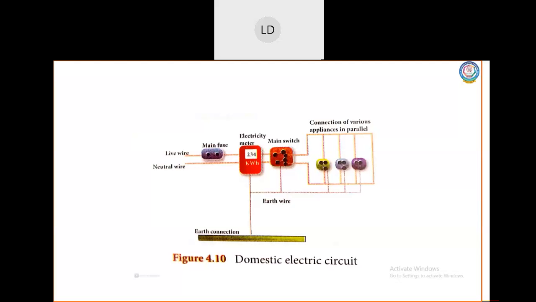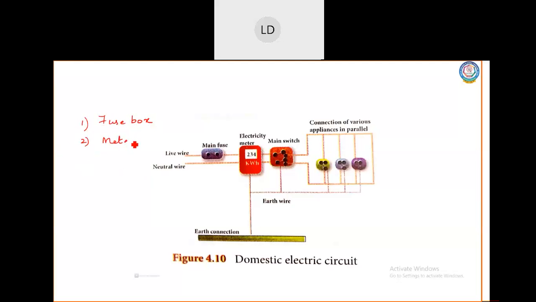So power from the transformers is taken, and it is connected to the main box. There are two main components in a main box: the first one is the fuse box and the second one is the meter.